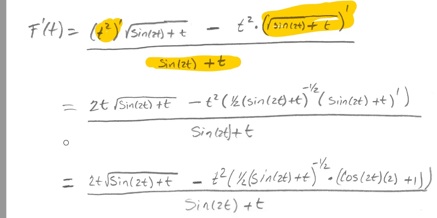Taking the derivative of the top, I get 2t. Recopy. Now the derivative of the square root of sine 2t plus t. That is 1/2 sine 2t plus t raised to the minus half times, now I have to do the chain rule, so taking the derivative of the inside part.